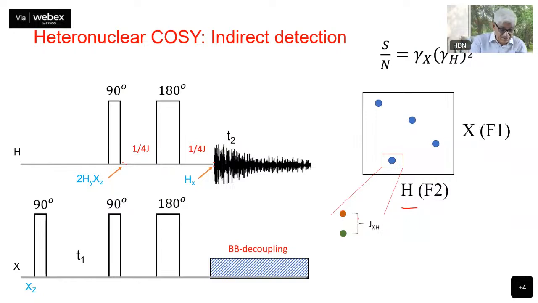X is F1. This is X here. Detection is proton, therefore proton is F2. And during T2, we are decoupling the X. Therefore, there should be no splitting along F2, and the splitting will be there along the F1 dimension. That is here. So this is correct.